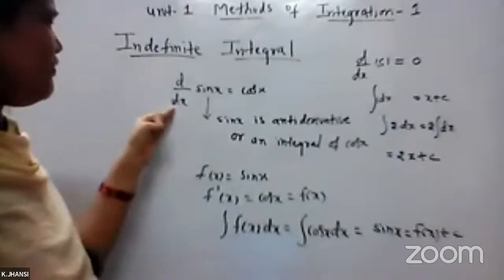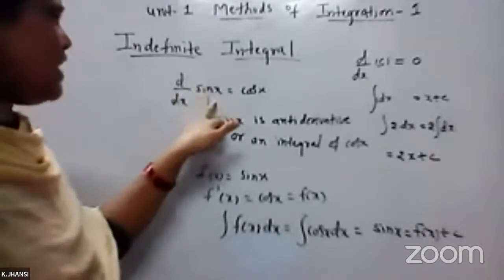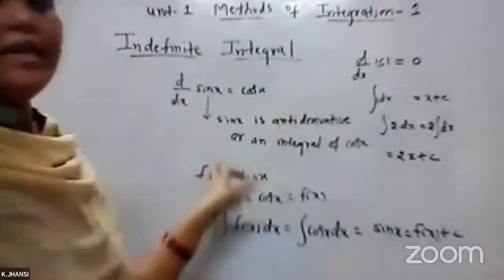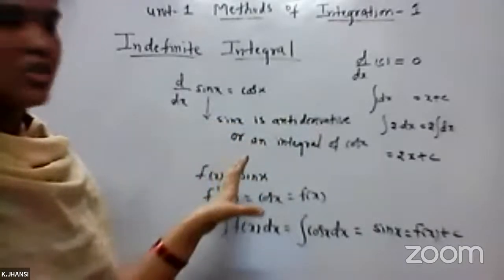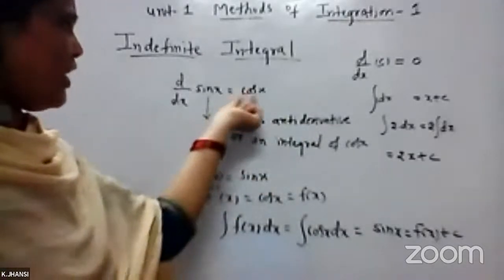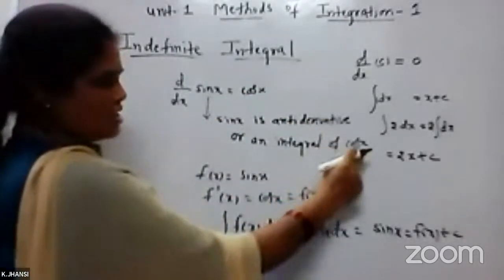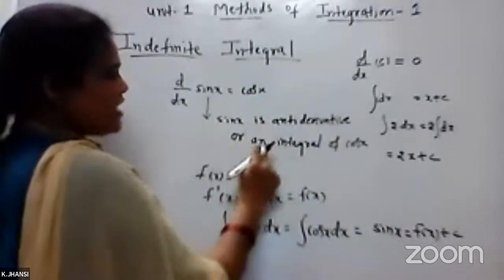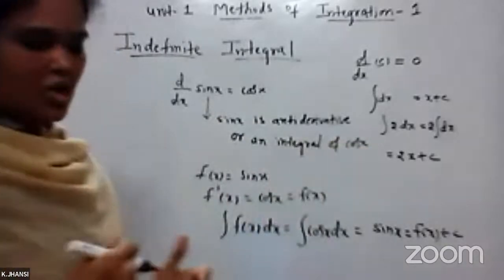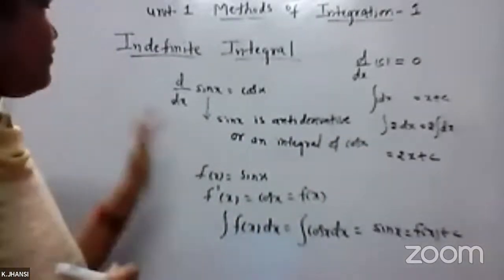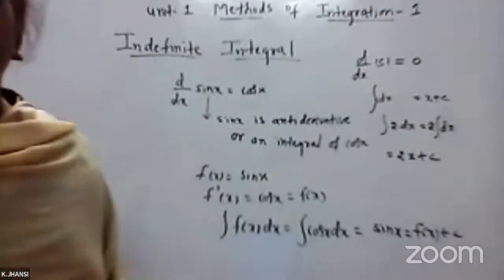Whenever we differentiate a function, the original function is called the antiderivative. So sin x is an antiderivative of cos x, or sin x is an integral of cos x. That is the definition of indefinite integral given in sentence form.